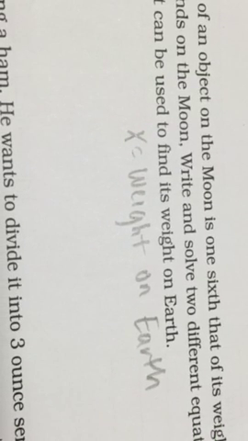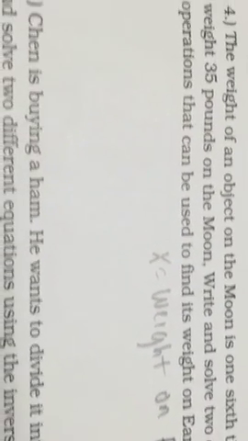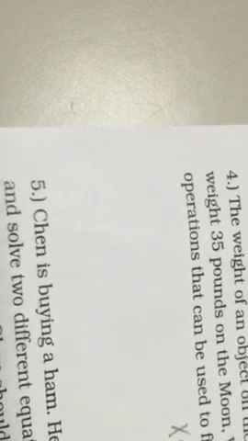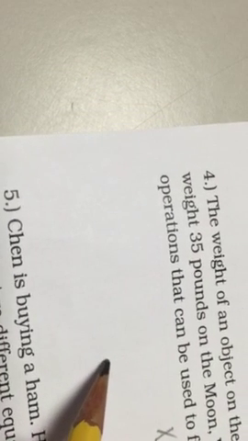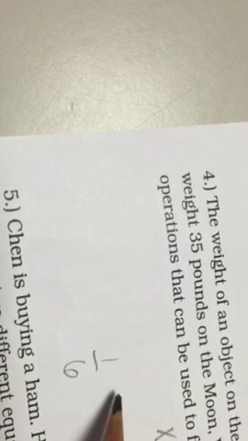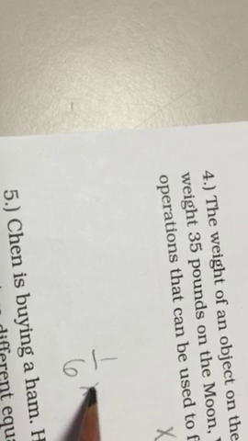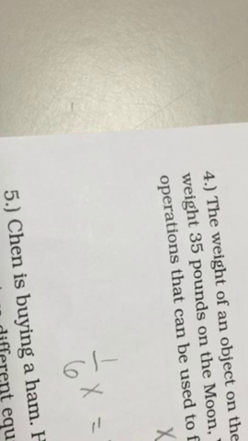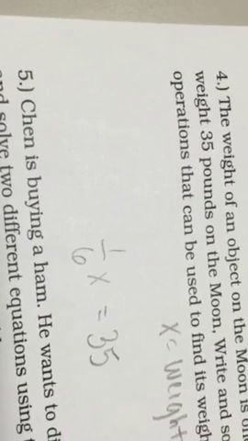That's my x value. So what I could do is write my equation as 1/6 of the weight on Earth is going to equal 35 pounds. That's one equation we could set up.